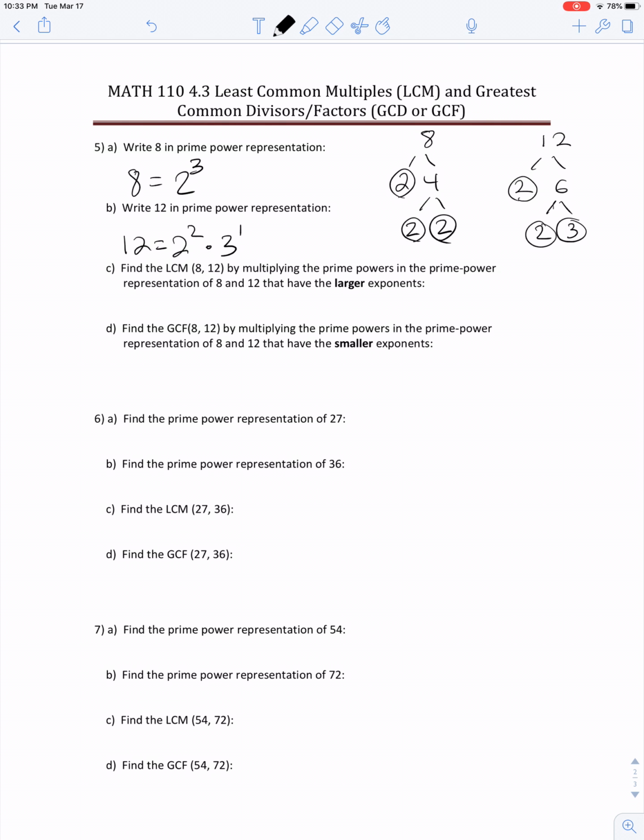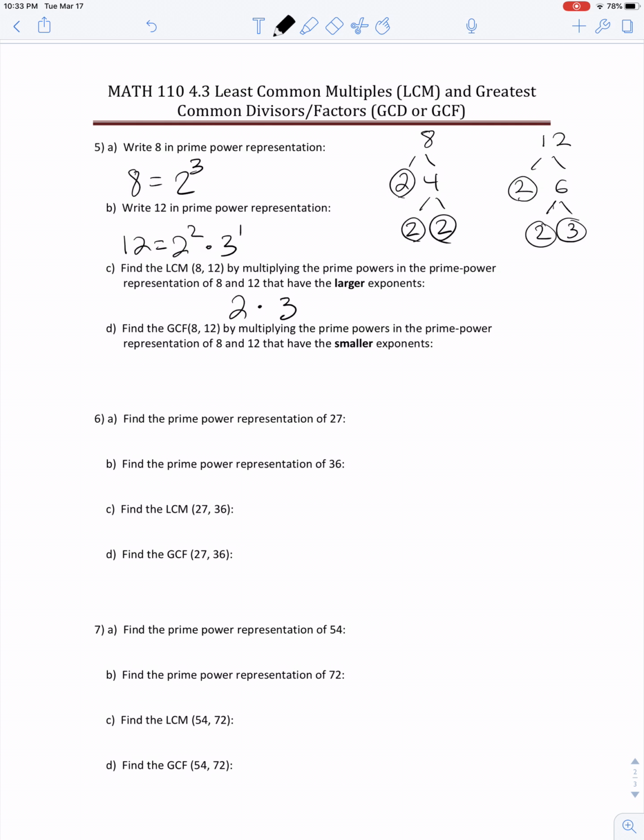So what we want to do, when you're doing the least common multiple, is list every single prime that exists. In this case, we've got 2 and then we've got 3. Notice at the moment I'm not putting any exponents down. When you're choosing the exponents, you want to choose the biggest exponent that occurs for each of the different primes.